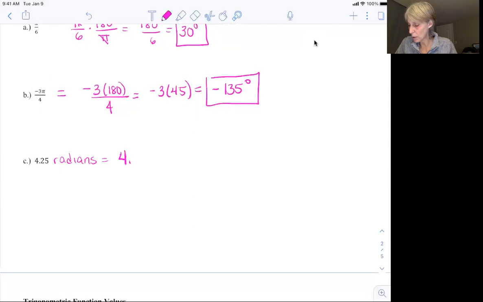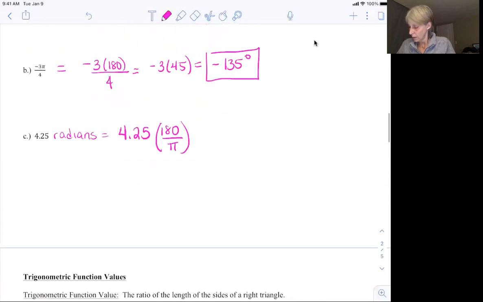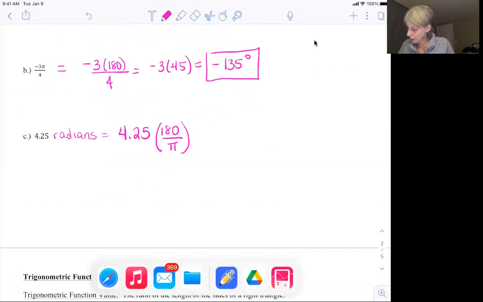But most importantly, when you have a decimal, 4.25 radians, I'm multiplying by 180 over pi. Notice there's no pi there to start with. I just can't replace pi with 180. I have to physically do the math now. So this is 4.25. Let's see if I can get my calculator up.